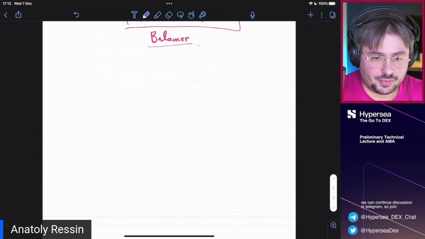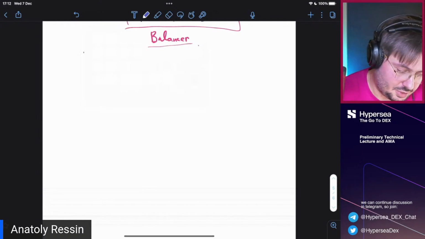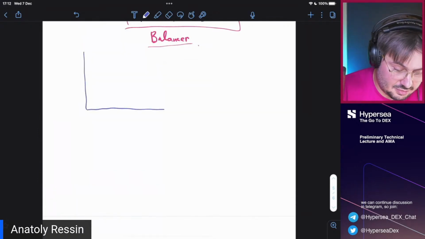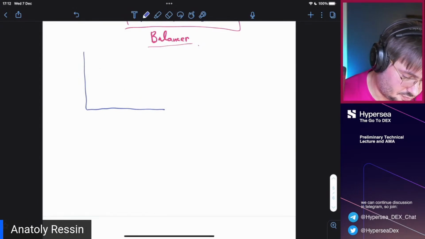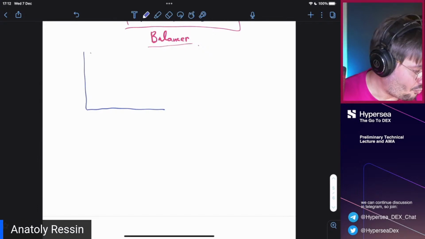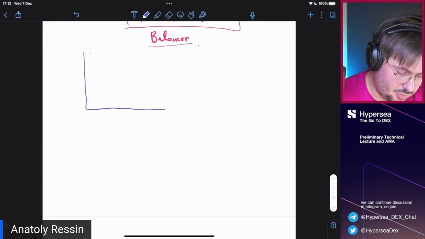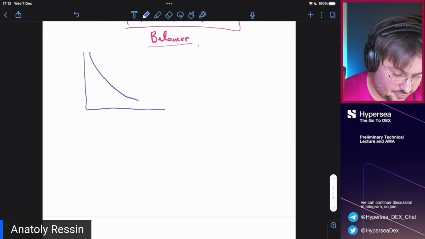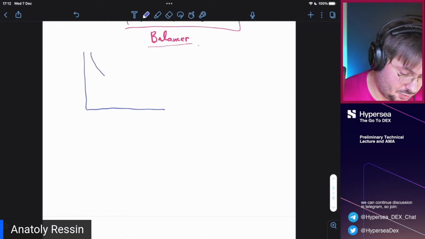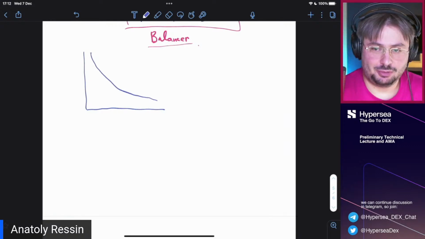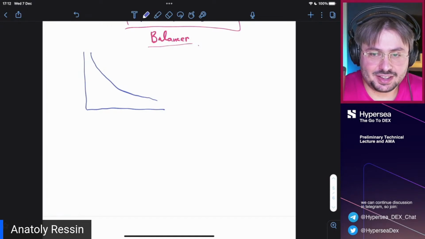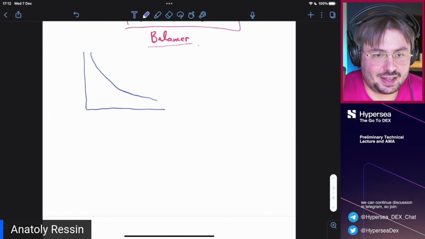We said that this curve that was introduced by Uniswap was too curvy, I would say. So it has too big a curvature, and too big a curvature means big slippage.